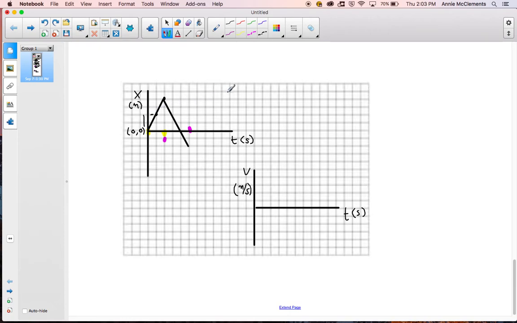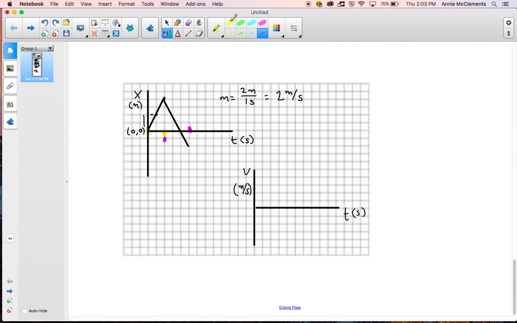So rise over run, our slope for this first section is going to rise 2 meters, run 1 second. That means our velocity from time equals 0 to time equals 2 is 2 meters per second, in that yellow highlighted bit right there.